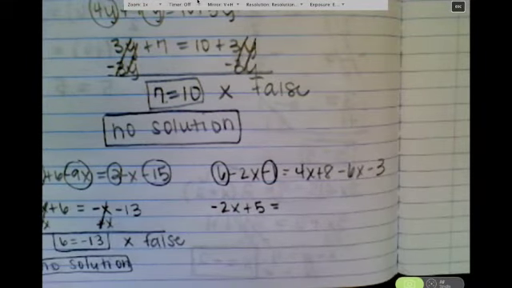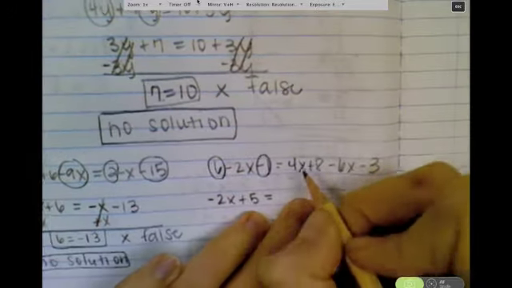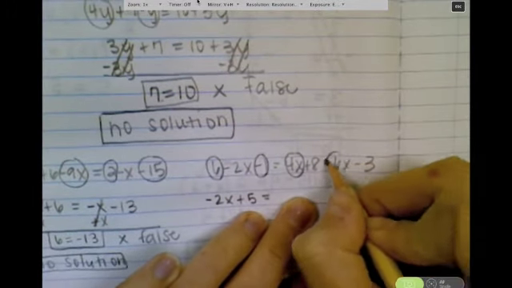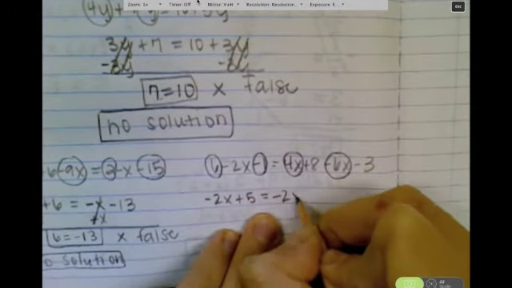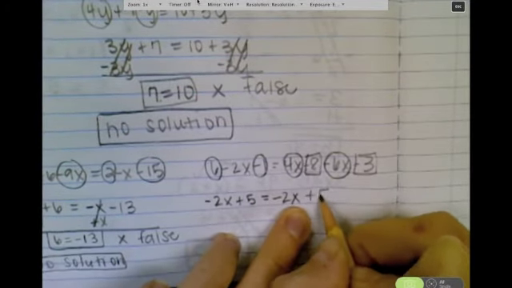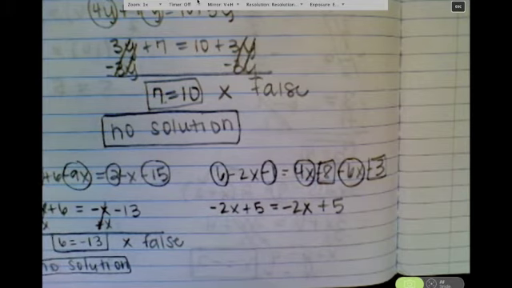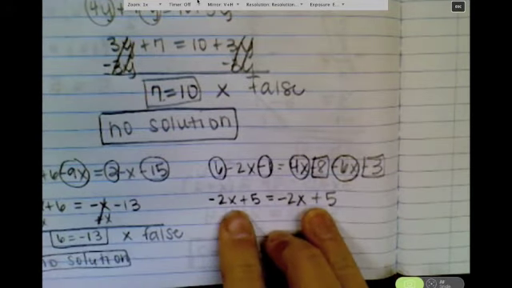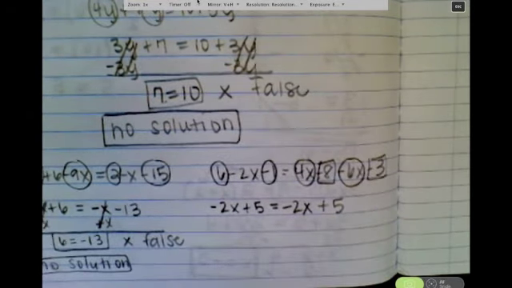And on the right-hand side, there's actually two things you can do to simplify. You can combine 4x and negative 6x, which would be negative 2x, and 8 and negative 3, which would be positive 5. Now you may already notice that these are the exact same thing, but let's keep going.